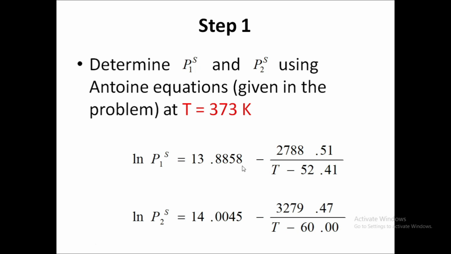ln P1s is equal to 13.8858 minus 2788.51 divided by T minus 52.41.